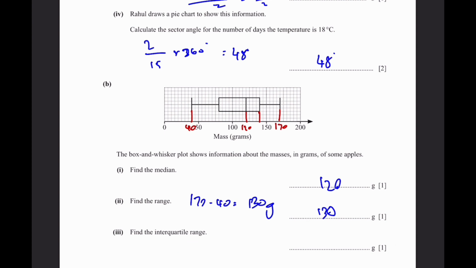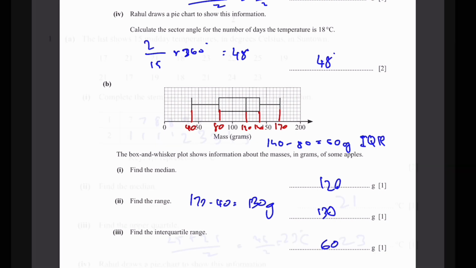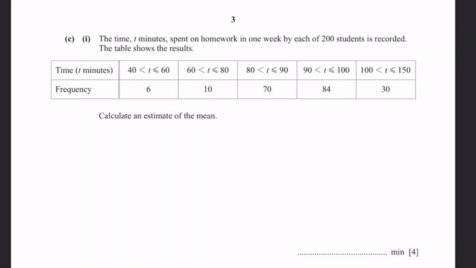So these two are the quartiles, the edges of the box. There's 140 and 80. Now we can say 140 minus 80, which is equal to 60 grams interquartile range. That's the answer.